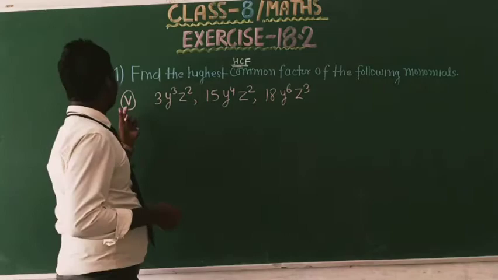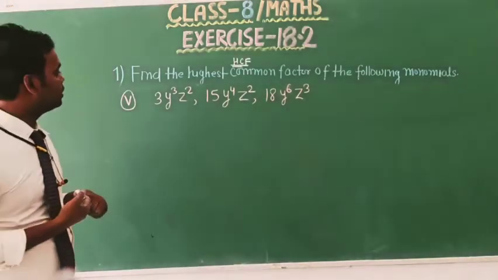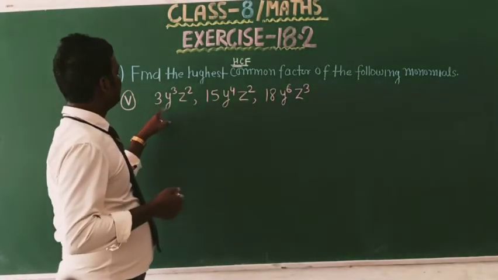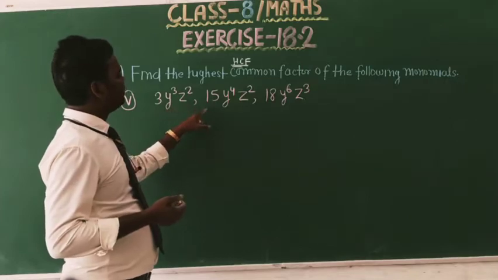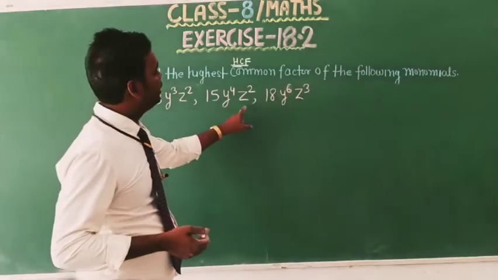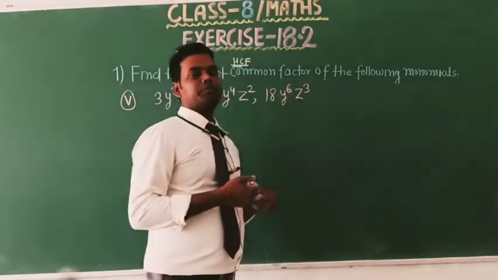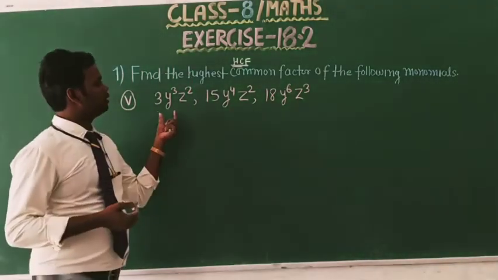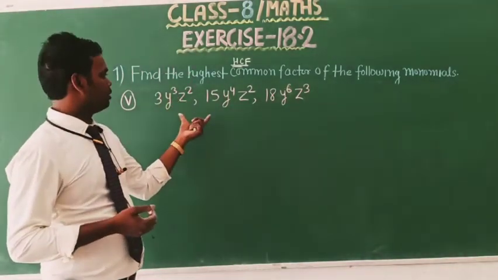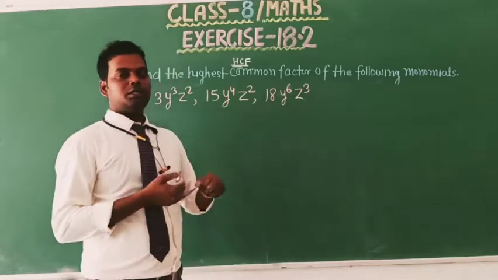This is the fifth part of question number 1: 3y to the power 3 z square, 15y to the power 4 z square, 18y to the power 6 z cube. We need to find the highest common factor of these three expressions.